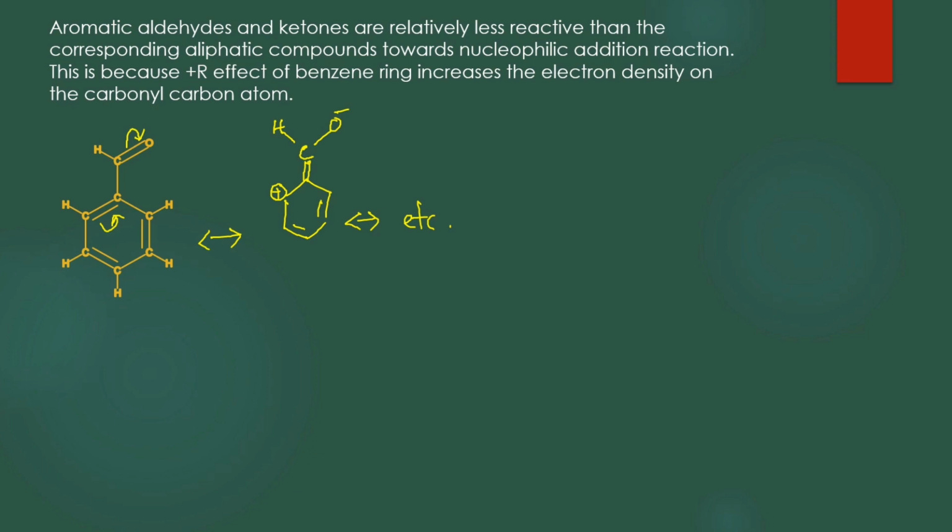As a result, carbon atoms of aromatic carbonyl compounds become relatively less positive than that of the aliphatic carbonyl compounds. So, aromatic carbonyl compounds will be less reactive than the corresponding aliphatic analogues.